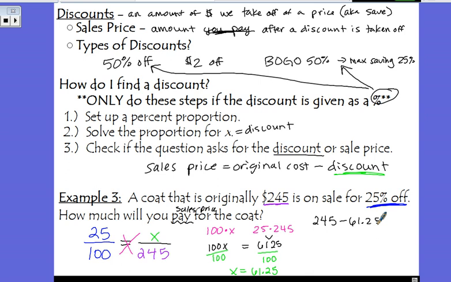So we're going to take the 245, subtract $61.25, and we get $183.75. So I will pay $183.75 for that coat.